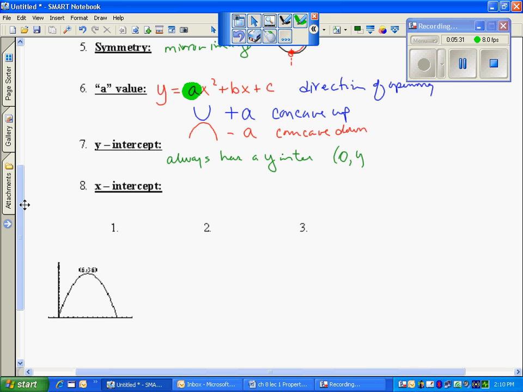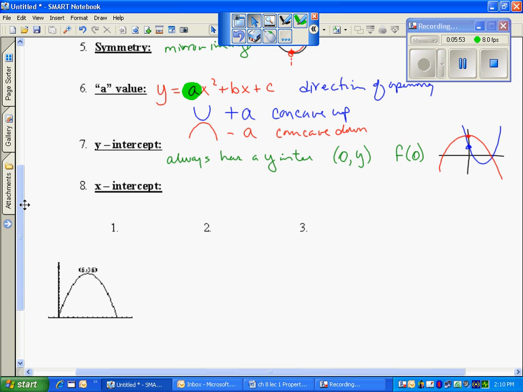So in other words, in function notation, I'm plugging 0 in for my x values. On a graph, it's just where that graph is going to pass through the y-axis. Notice it's going to hit it once. If I was to open downward at some point, it would hit it. So I'm always going to have this y-intercept.